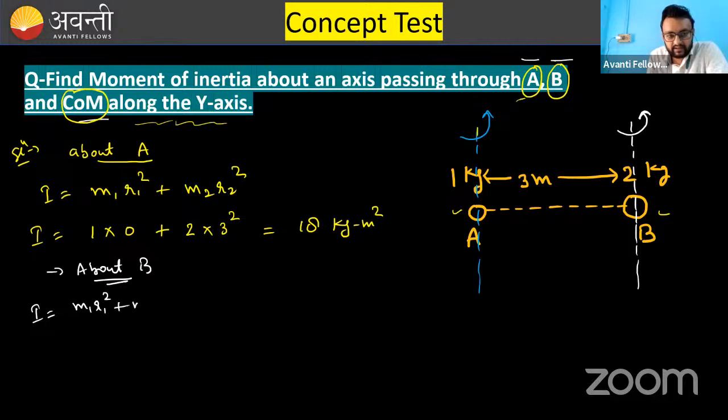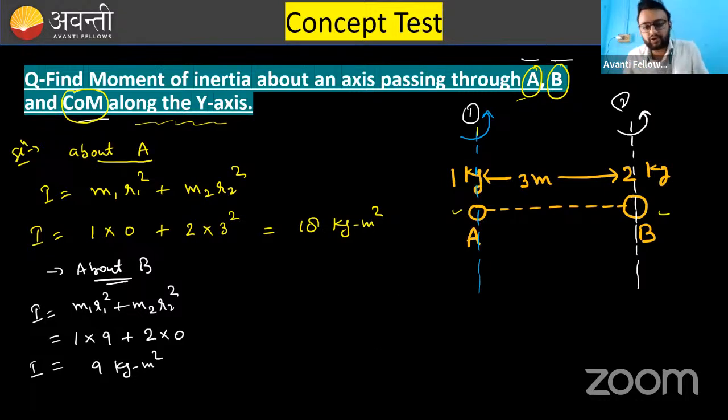Mass is 1 kg, and its perpendicular distance from the axis, this is the axis, is 3 meter. Squared up is 9, plus another mass is 2 kg. Can you see that the 2 kg mass is lying on this axis? Let this be axis 1, this is axis 2. It is lying on the axis, so this distance is 0. So moment of inertia is 9 kg meter square.